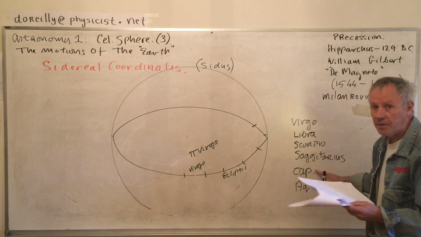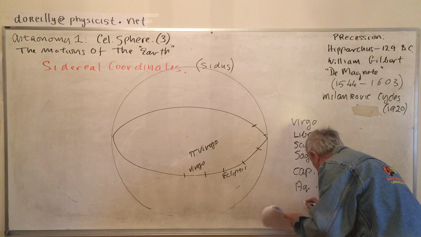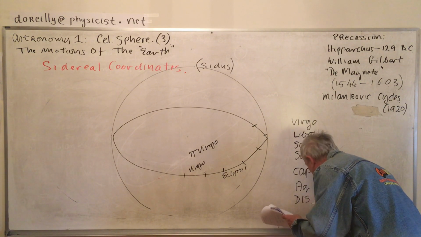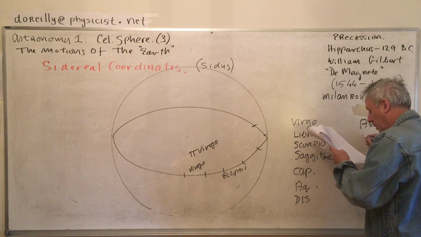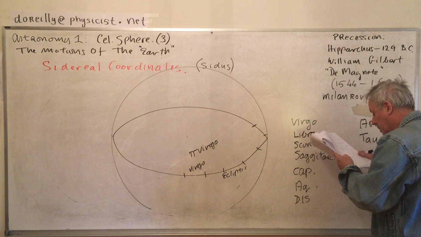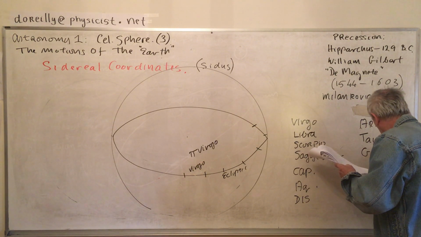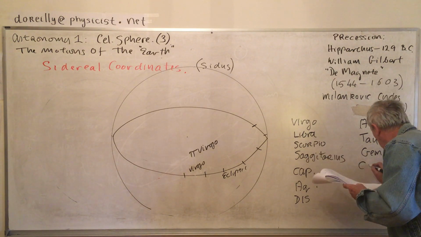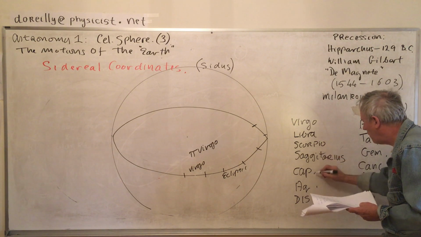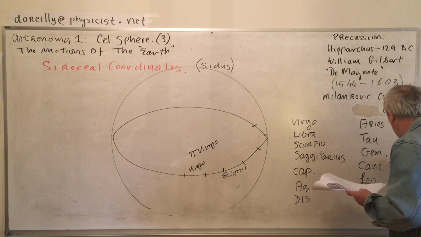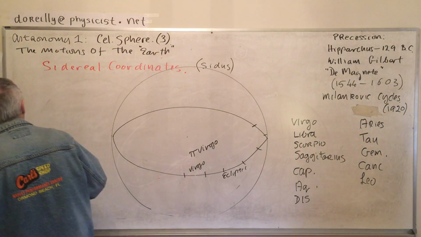That means we must be in the age of Capricorn. Taurus, Gemini, Cancer. 1, 2, 3, 4, 5, 6, 7, 8, 9, 10, 11, 12. Okay, I got them.